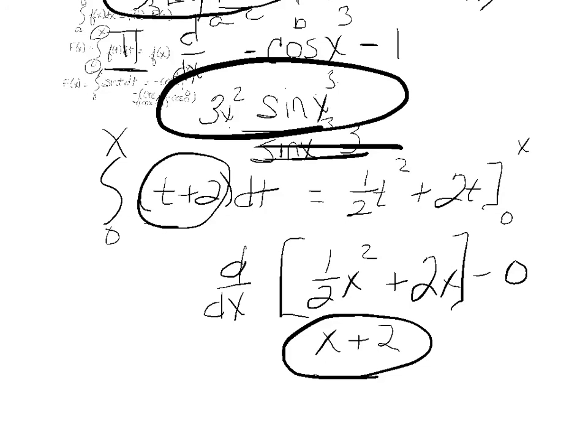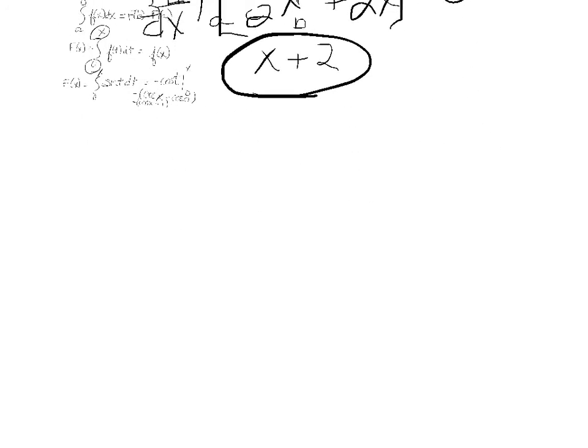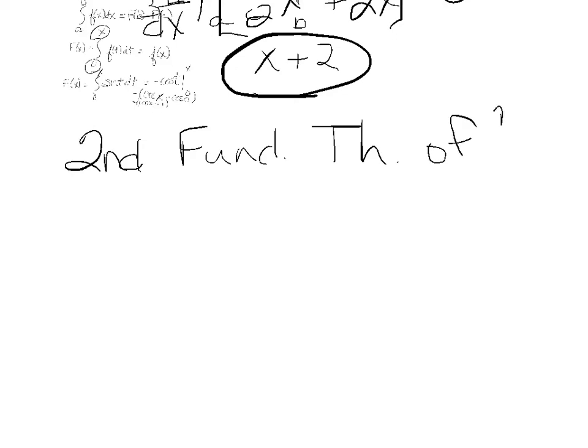I'm guessing you're about to save us a lot of work. This demonstrates for us what a lot of books call the second fundamental theorem of calculus. What was the first fundamental theorem? F of a minus f of b. What have we been doing, Joey? Okay, the second fundamental theorem.